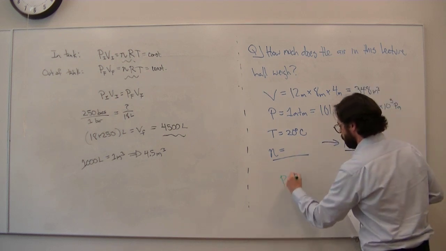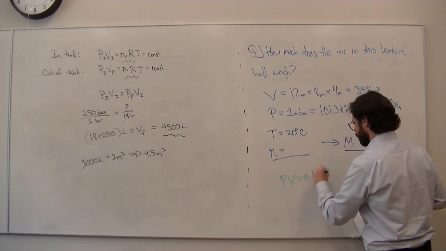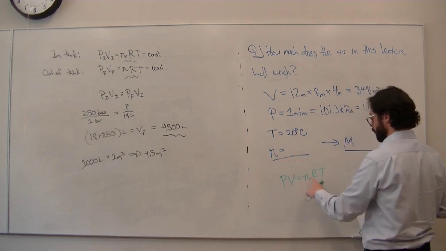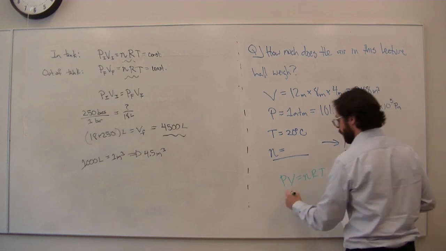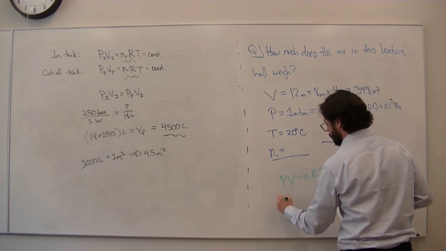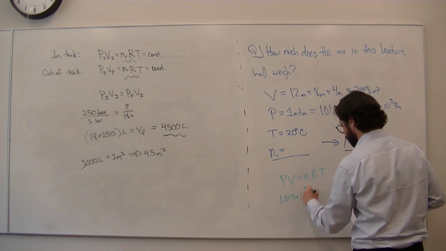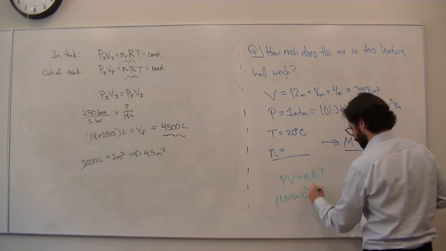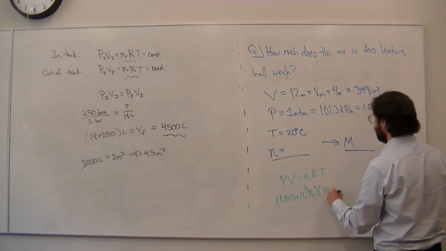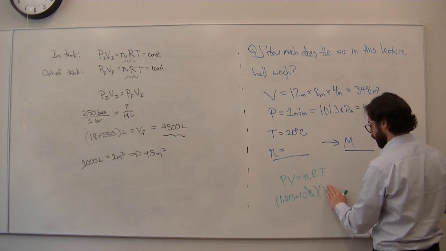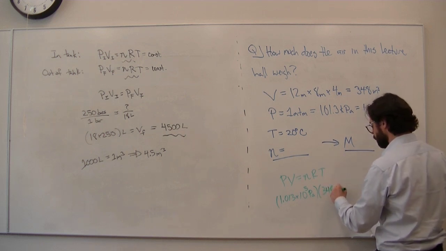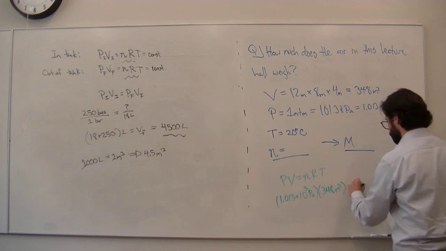So I have PV equals nRT. Let's use mole number, because that's actually the easiest thing to convert to mass. That's 1.013 times 10 to the 5th pascals. When in doubt, use SI. 348 meters cubed. n is what I'm looking for.